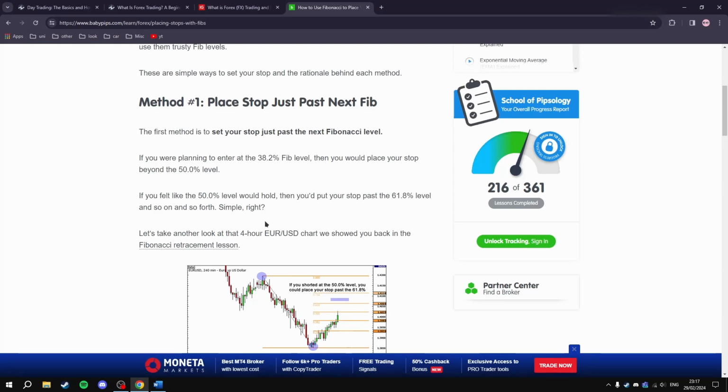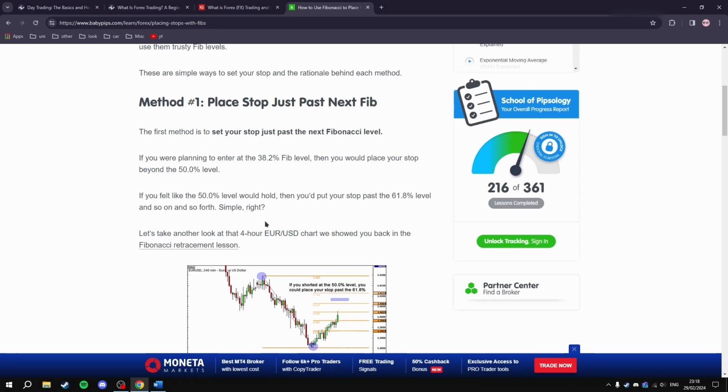So the first method is to set your stop just past the next Fibonacci level. If you are planning to enter at the 38.2% fib level, then you should place your stop beyond the 50% level. If you felt like the 50% level would hold, then you put your stop loss past the 61.8% level, and so on and so forth.